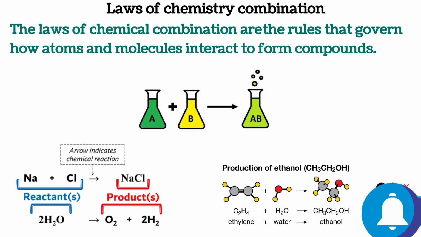And we have 5 major rules that govern how the reaction takes place in any chemical system. So ladies and gentlemen, let's now look at the 5 rules that are used to govern the reaction.